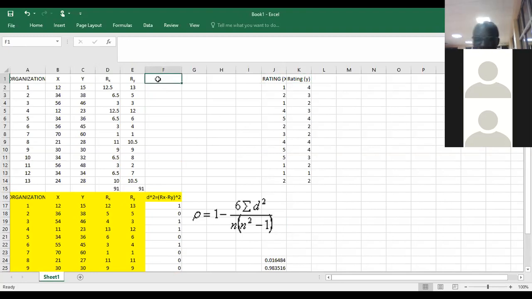Note in your notebook that Spearman's value, where values are repeated, is determined using an adapted Karl Pearson's correlation coefficient.